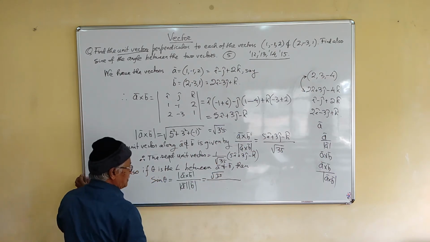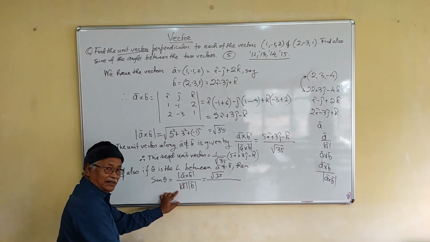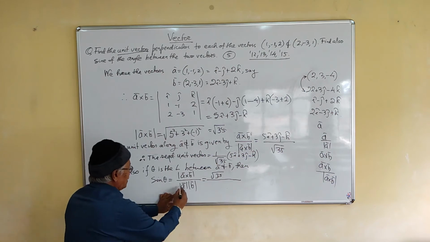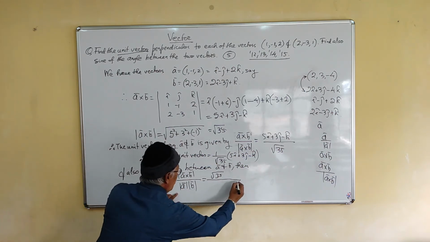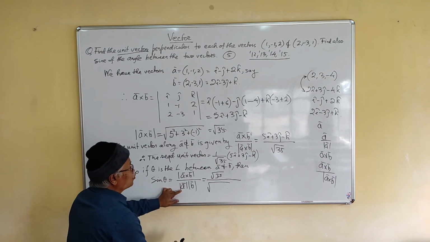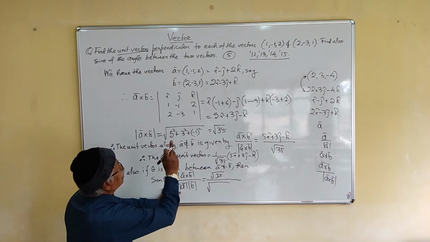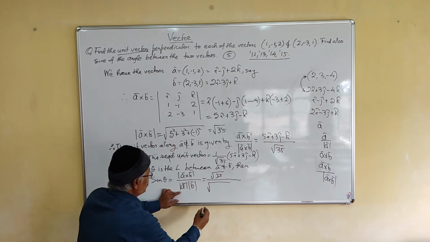But the other magnitudes have not been calculated, so you can calculate them easily. What will be the mod of A? Mod of A will be the square root of the sum of the squares of the coefficients of i, j, k. The coefficients are 1, minus 1, 2.